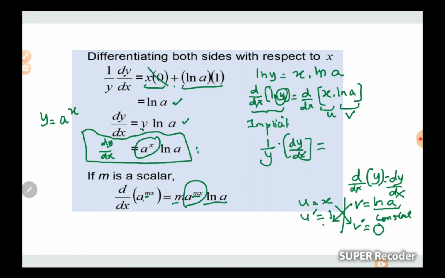So we have three things you have to consider here. Firstly you need to copy the exponential form a to the power of mx, then differentiate mx. The answer is m. Then you have to multiply with ln a.